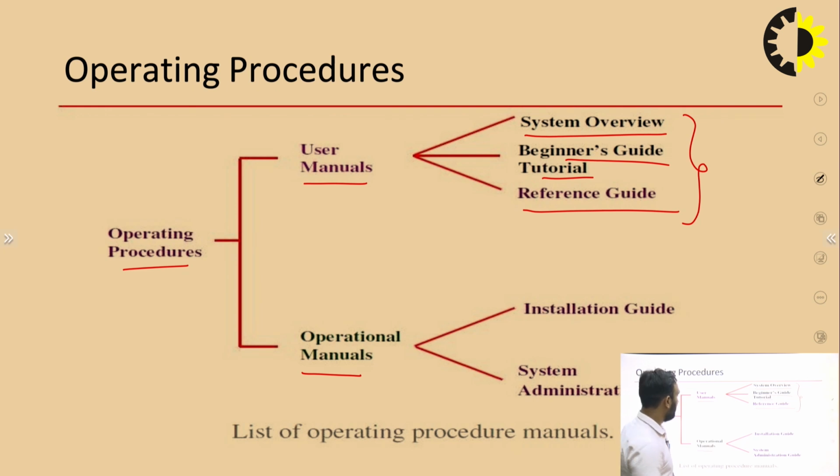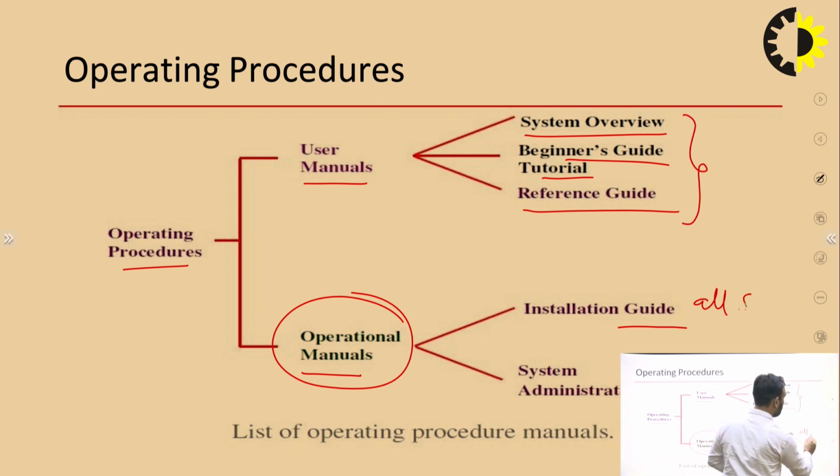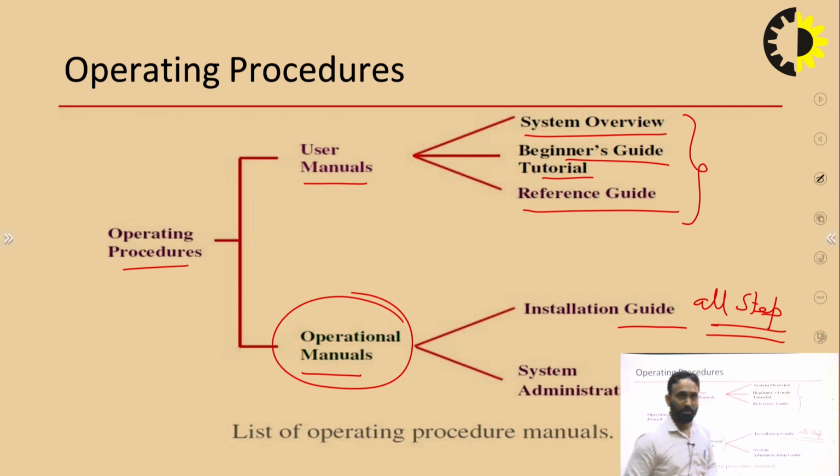And then finally, how to operate the software. It consists of two parts. How to install, like if we talk about Python or any Windows, how to install Windows, it consists of all the steps of installation of Windows, and also a system administration guide, and how to manage the parameters of a software as an admin.